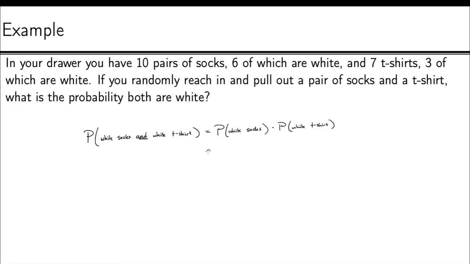The number of ways we can pull out a white pair of socks is 6 divided by the total number of pairs of socks, which is 10, and then times the probability of pulling out a white t-shirt: the number of ways is 3, divided by the total number of t-shirts, which is 7. Now we multiply these. That's 18 over 70, or 9 out of 35.